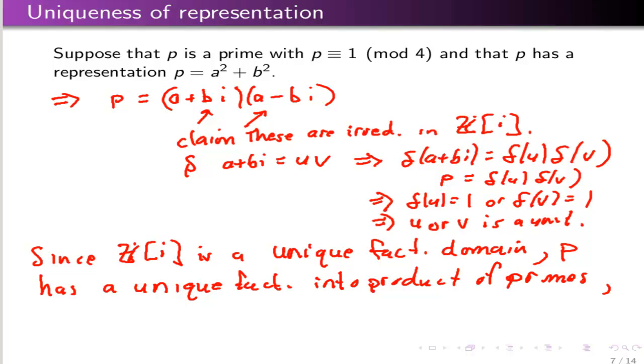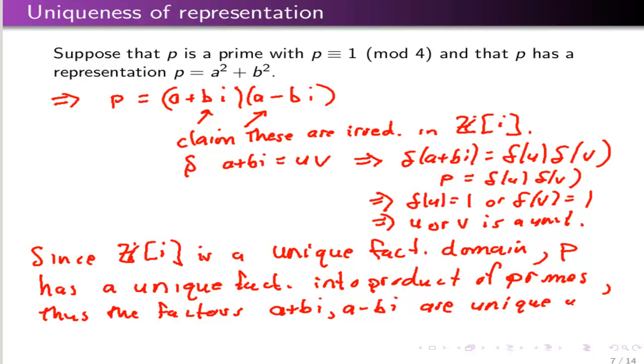And therefore, these two factors are unique. Thus, the factors a plus bi, a minus bi are unique up to the order.